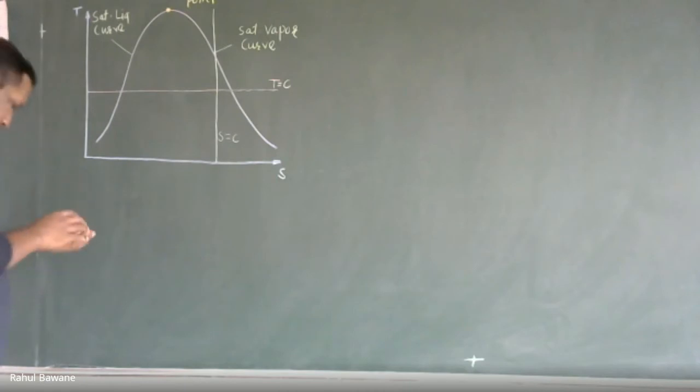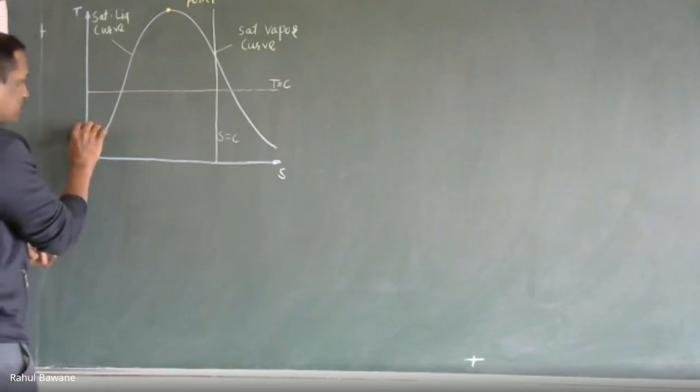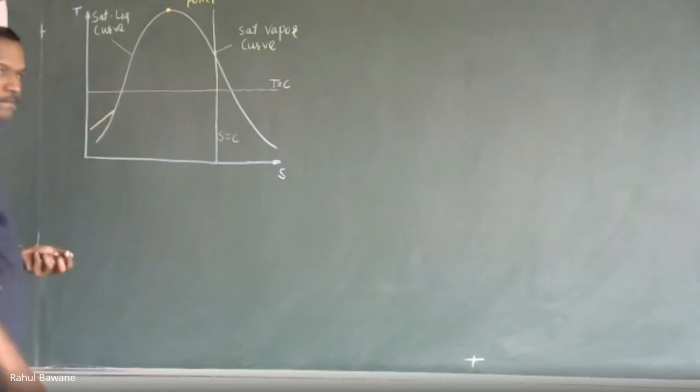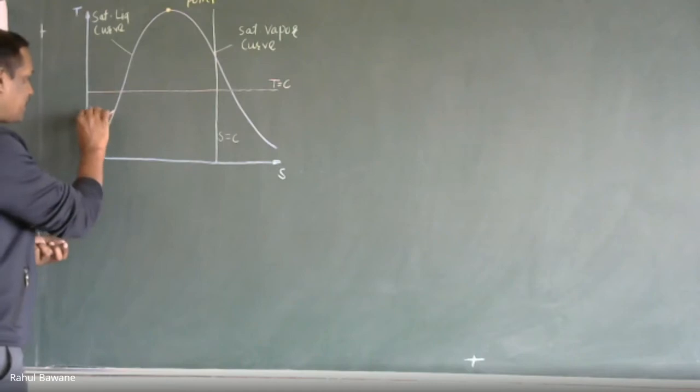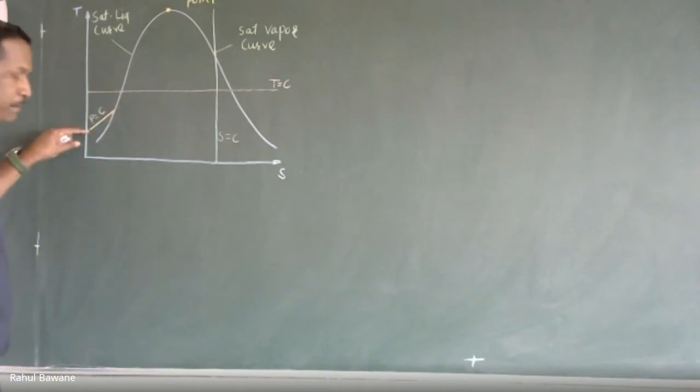Next, pressure line. Suppose this is a constant pressure line, so P is constant. When we supply heat, the addition of heat will first start raising its temperature.